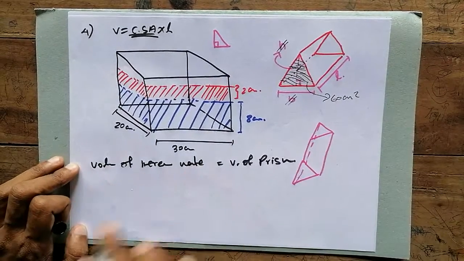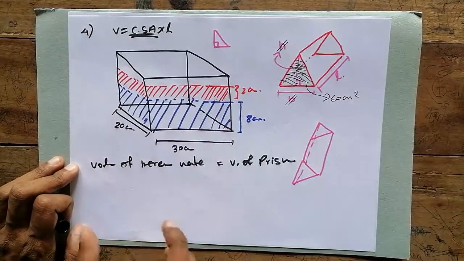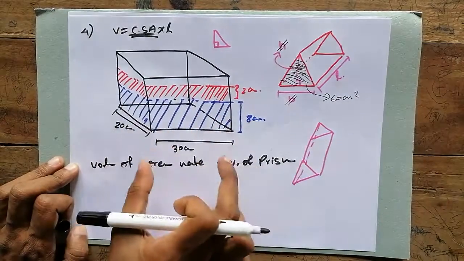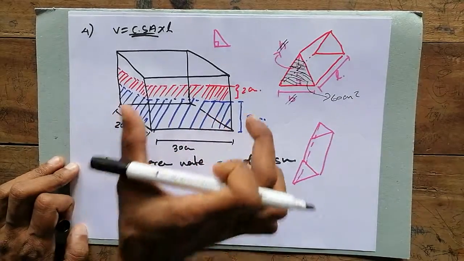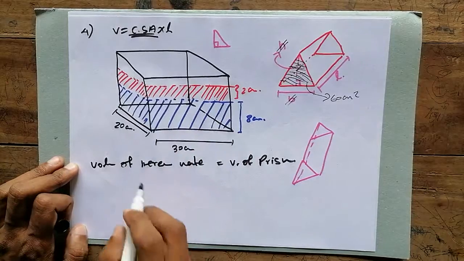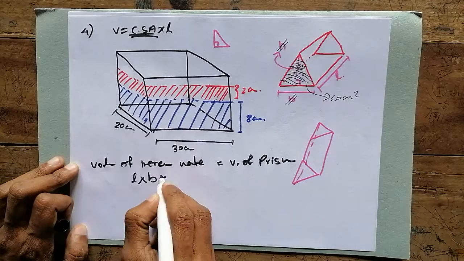Okay, the increased water, what shape is it? What is the shape of the water? It's a cuboid. So we can have all the measurements: length, breadth and height. So we can find the volume of the increased water. It is in the shape of a cuboid, so it is length into breadth into height.